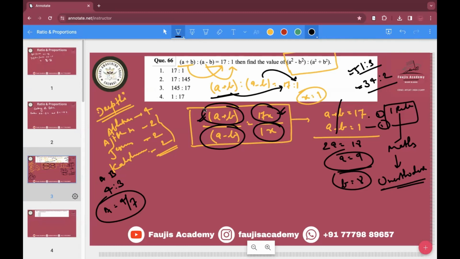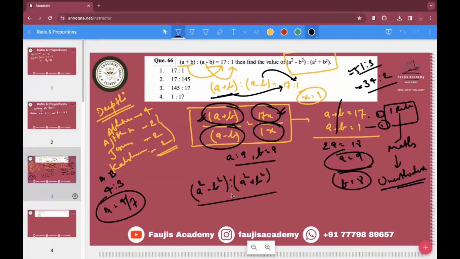Okay. Anyways, so A is equal to 9 and B is equal to 8. And if you are unable to do it, I will help you. Don't worry. Now you know the value of A and B. Can we substitute this value in A square minus B square is to A square plus B square?